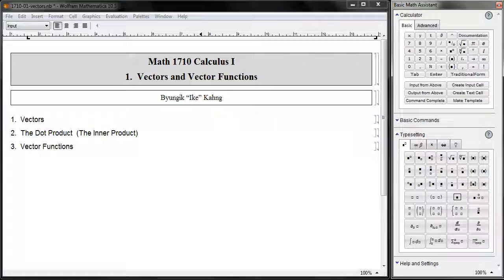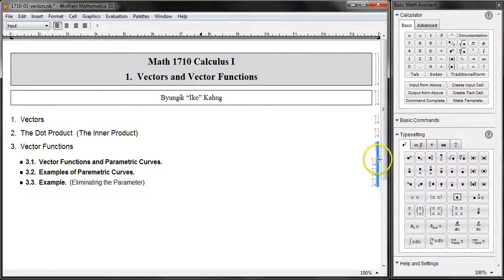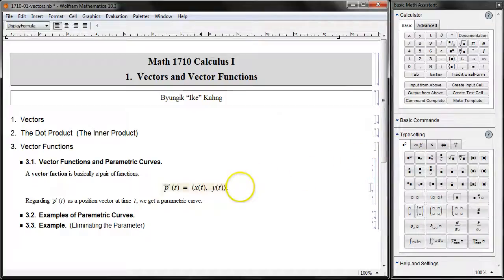Okay, let's begin with vector functions. A vector function is basically a function given by vectors, or equivalently a function given by a pair of two functions, x of t and y of t. Geometrically speaking, we begin with a position vector.